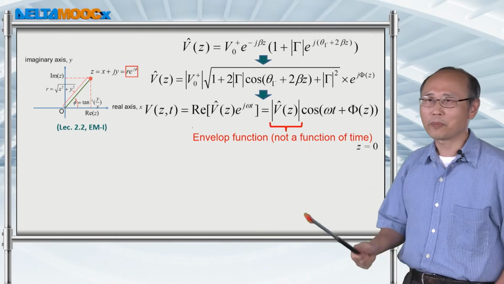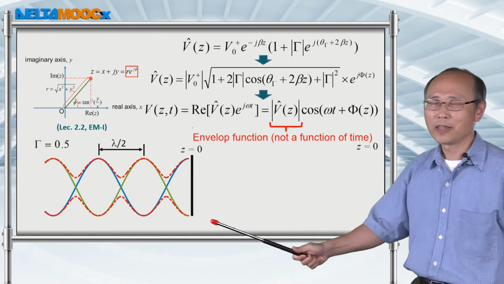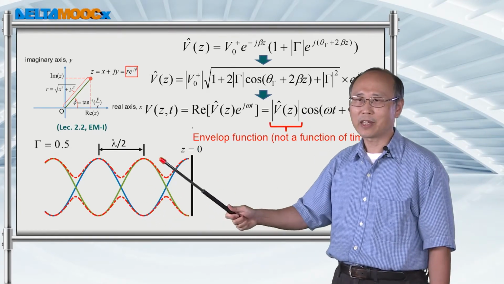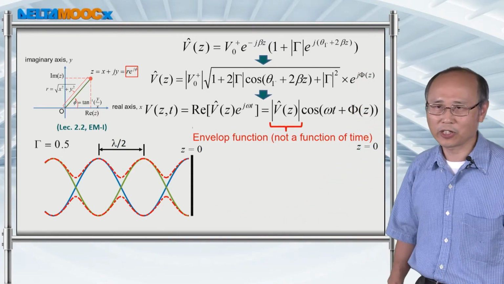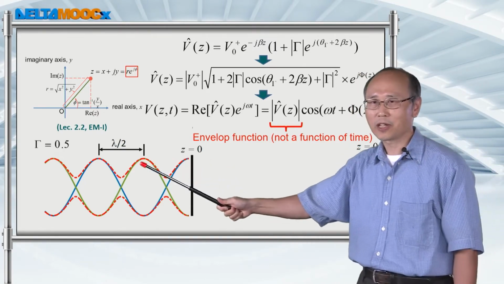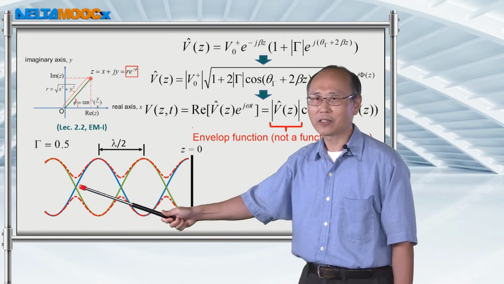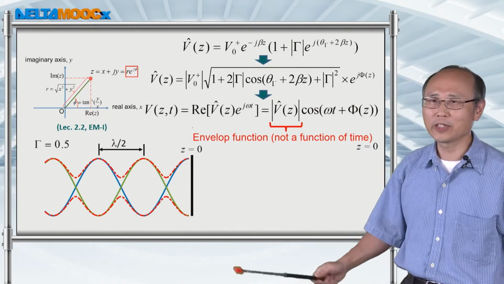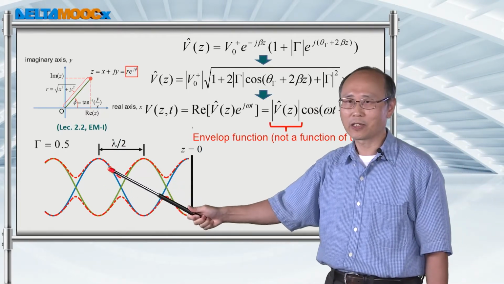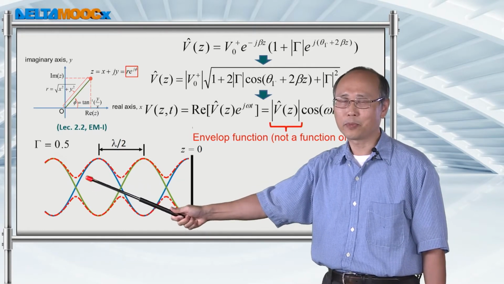If I simply plot this signal along distance, then I end up having an envelope function shown with the red dashed curve like this. Within this red dashed envelope, there will be a signal oscillating back and forth, up and down. For example, inside this red dashed curve, there's a green curve and a blue curve.